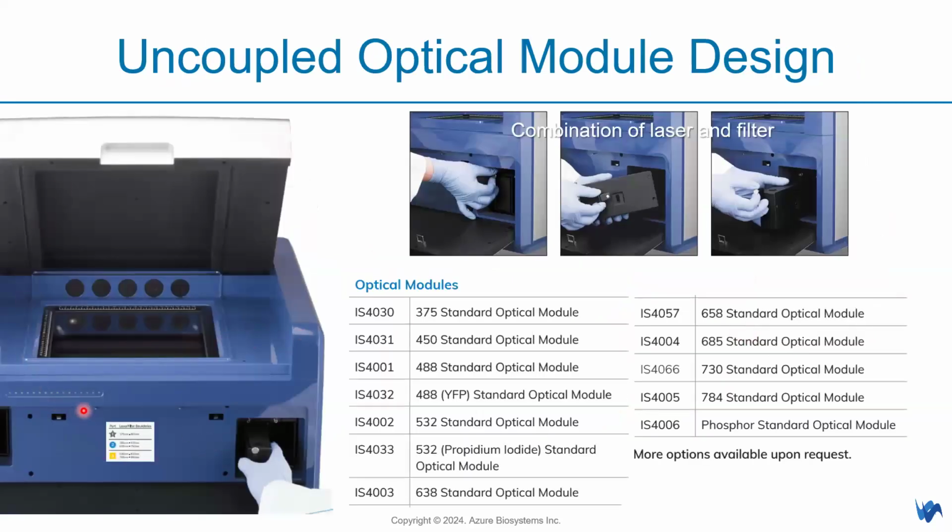So this is how the system looks. Some of you may have seen it at some of our exhibitions. When you open the lid, this is how it looks, and it has three slots for you to input the optical module. We call it an uncoupled optical module design, where the module and the filter are separated. A standard optical module comes as a pair, with the filters.